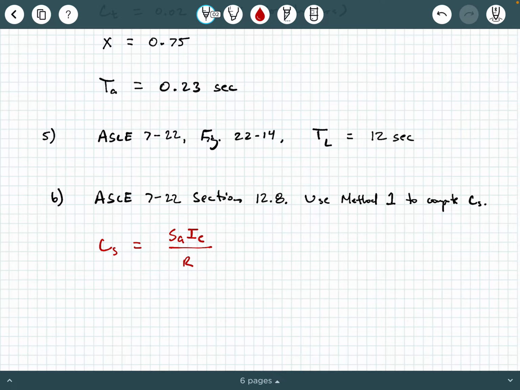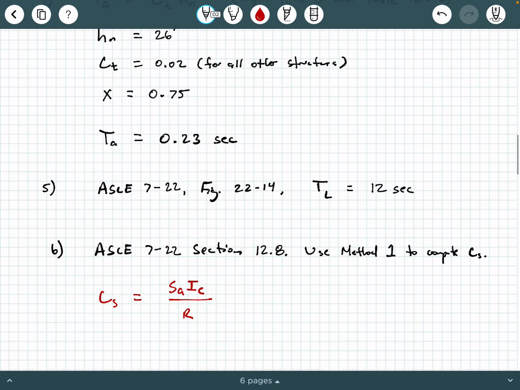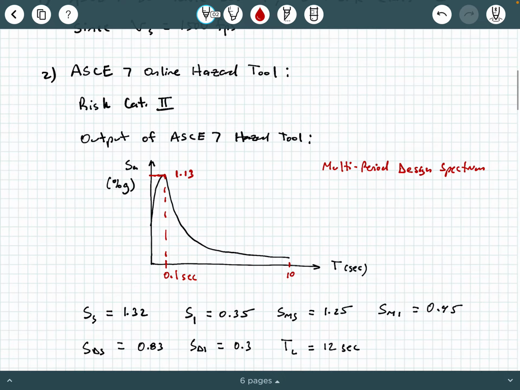okay? Now, what is SA? Well, again, I'm going to read to you from the left column of page 124 of ASCE 7-22. SA is the design spectral response acceleration parameter defined from section 11.4.5.1 and determined for the period TA that we just calculated. So what we do is we enter into this response spectrum that we got from the online hazard tool with the period that we just calculated, okay?